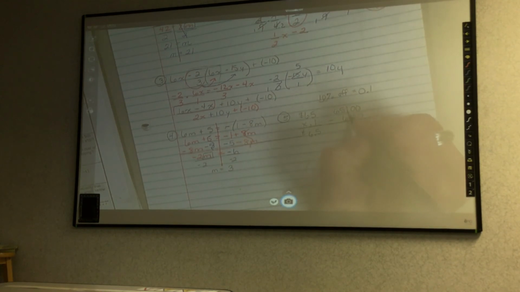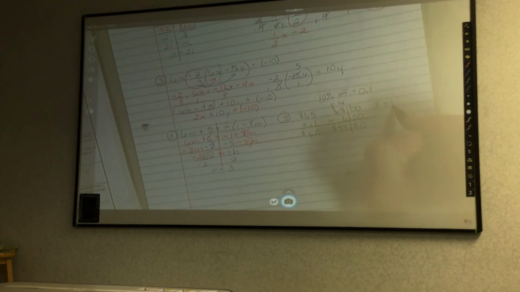Making sure I'm lining up the decimals. Can't take 4 minus 6, so we have to borrow. So for 10% off, it'd be $58.50. But then I have to add the $7.25 to ship.